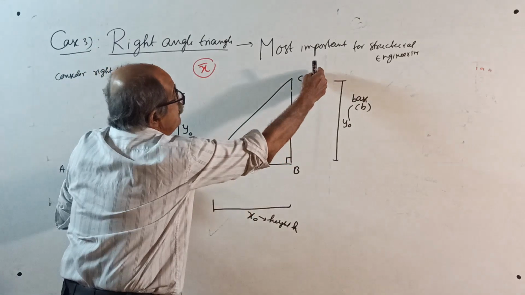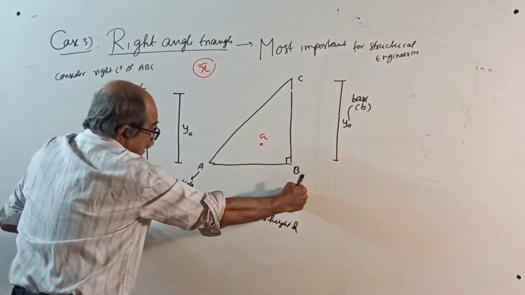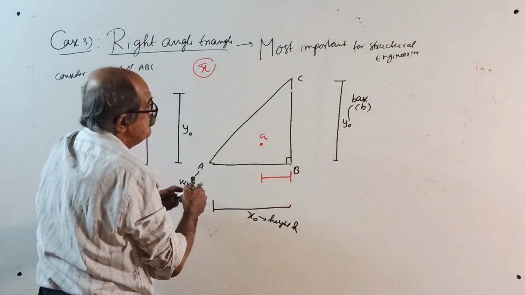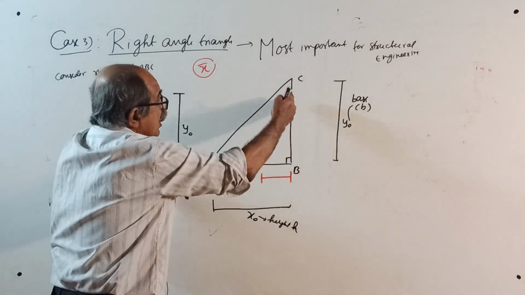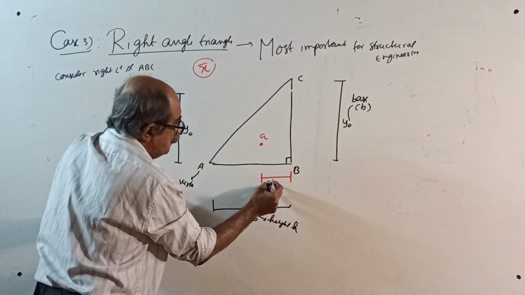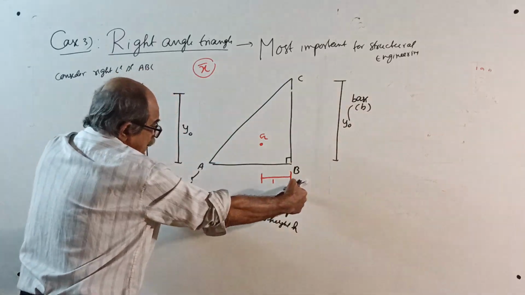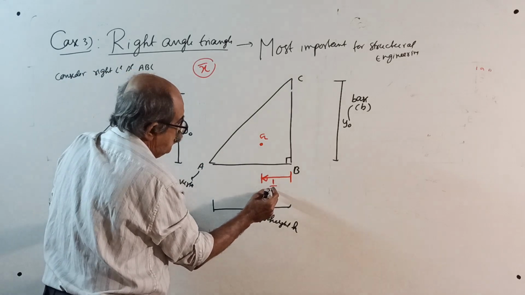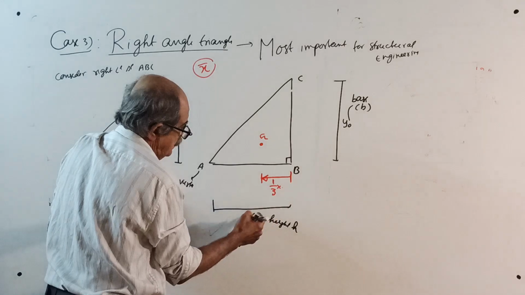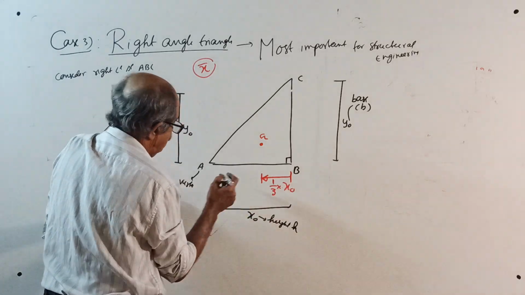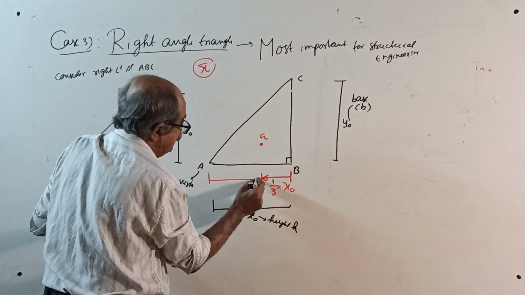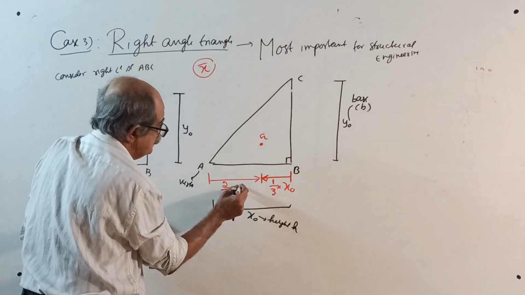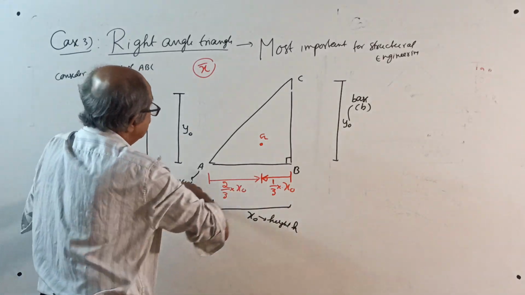Then, measured from the base along the height, this distance is 1/3 of X naught. And this distance is 2/3 of X naught. This is your x bar.